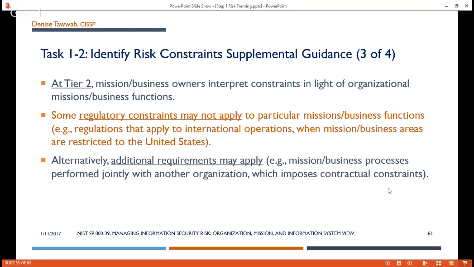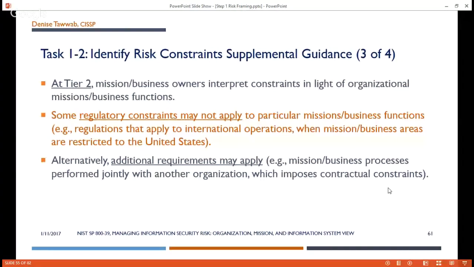Some regulatory constraints may not apply to particular business functions, for example, regulations that apply to international operations when your business is restricted to working in the United States. Alternatively, additional requirements may apply to you, for example, business processes that are performed jointly with another organization would impose contractual constraints.